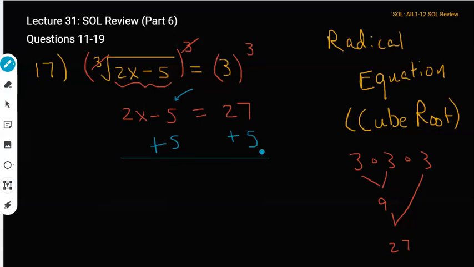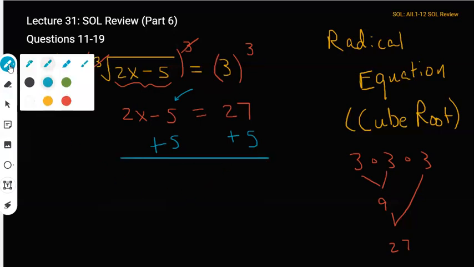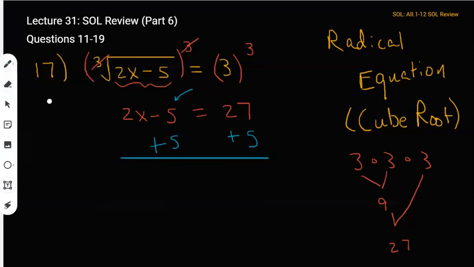And then you draw your line. After that, the 5s are going to cancel out, and I can bring down my 2x. 27 plus 5, 32.